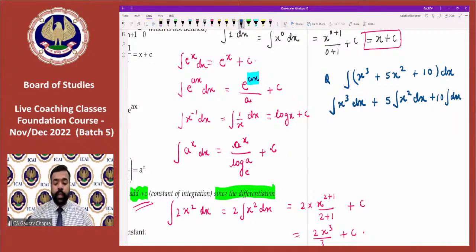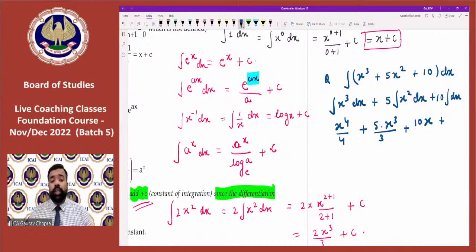And then we can solve them. x to the power of 4 divided by 4. Then 5 x to the power of 3 divided by 3. And then 10, now 1 can be written as x to the power of 0, so it will become x. And then what about the constant?